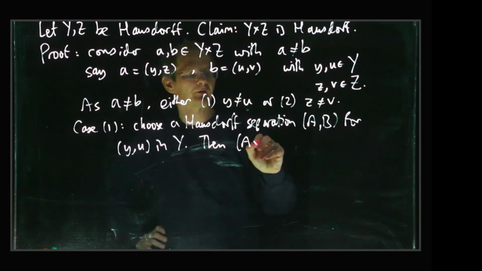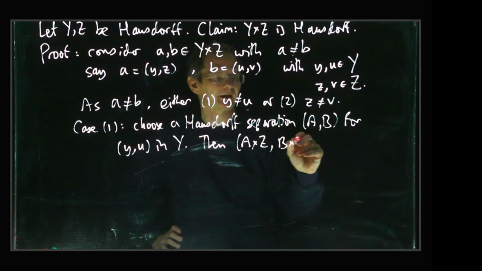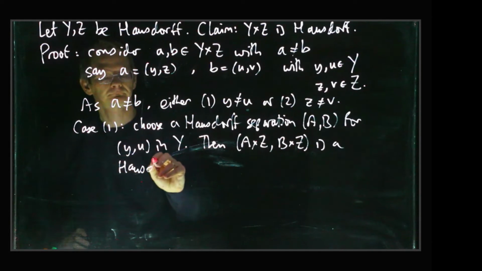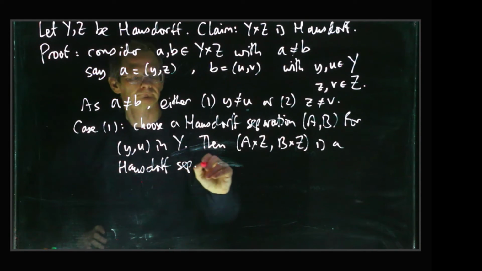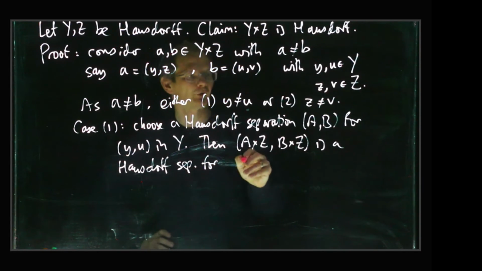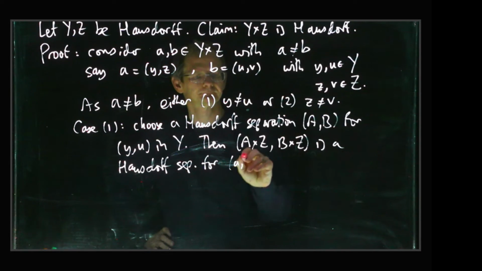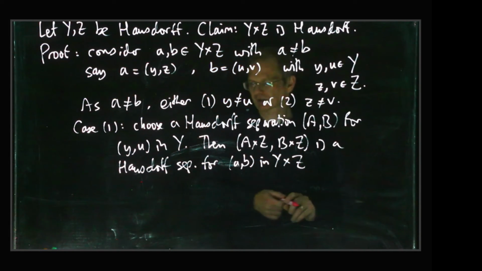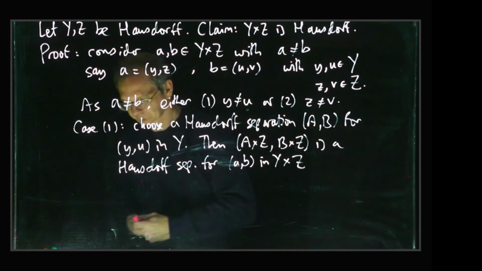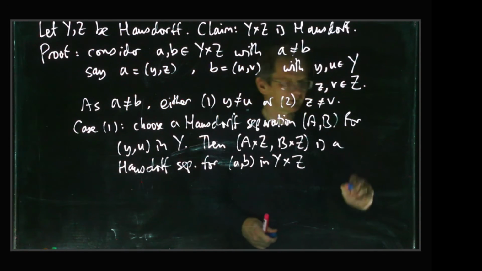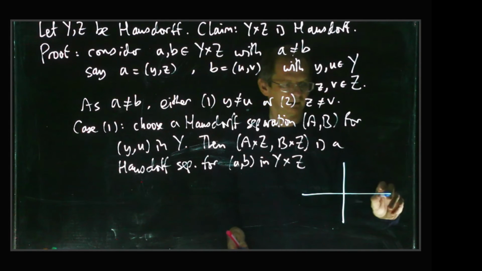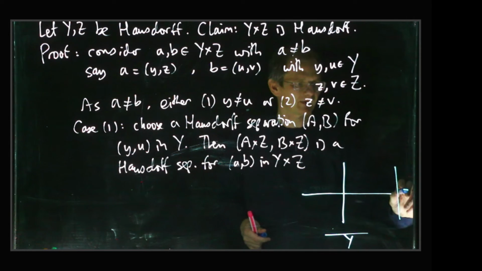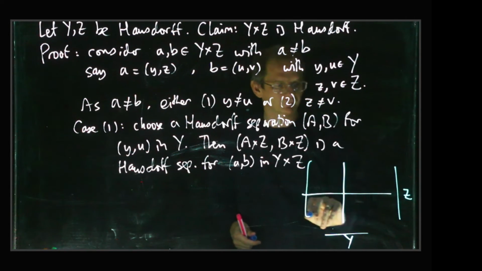And then we note that A cross Z, B cross Z is a Hausdorff separation for A, B in Y cross Z. Let's look at the picture. You've got Y along here, Z here, and your Y cross Z is like this.